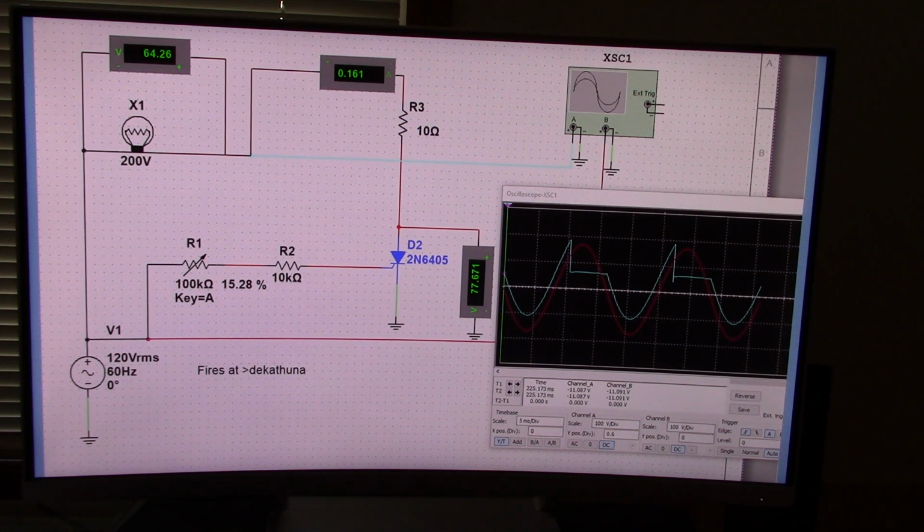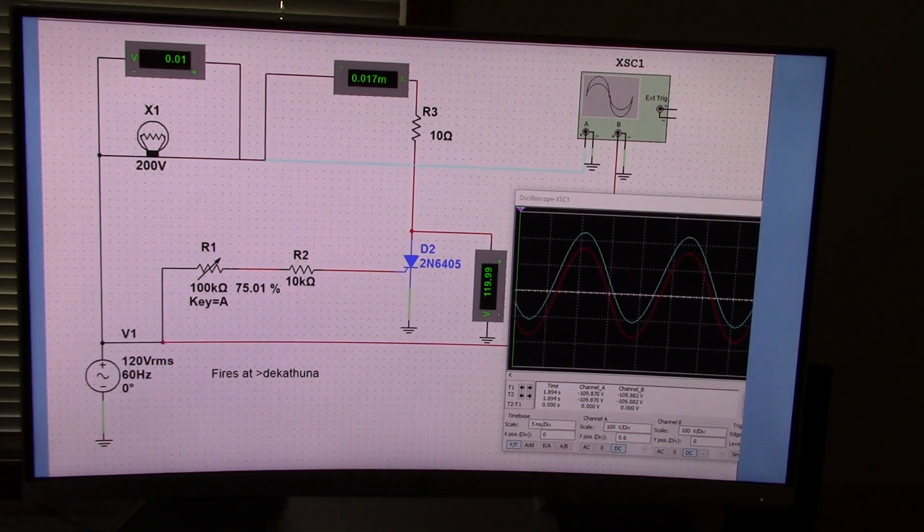Also, the second part of that assignment is to replace this oscilloscope with a Tektronix oscilloscope. The reason I did that is that we need to refresh our minds about using the Tektronix oscilloscope. I hope everybody is reasonably comfortable with that. So here, this resistance is 71%. Just by looking at this device, I can tell that this is an open switch, because it's 120 volts, and that's pretty close to this voltage here.